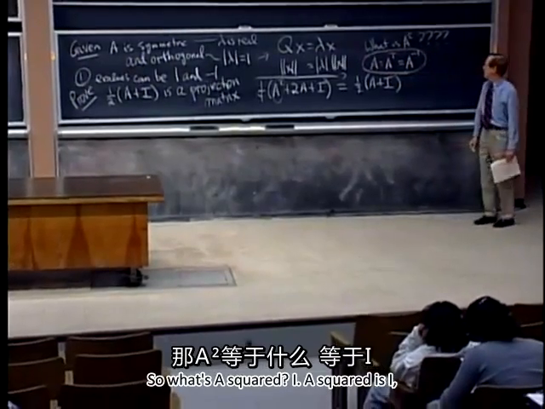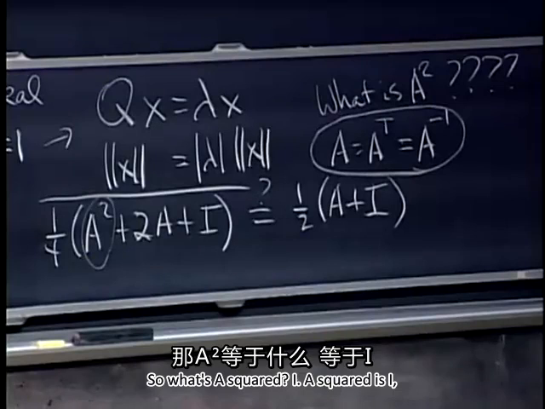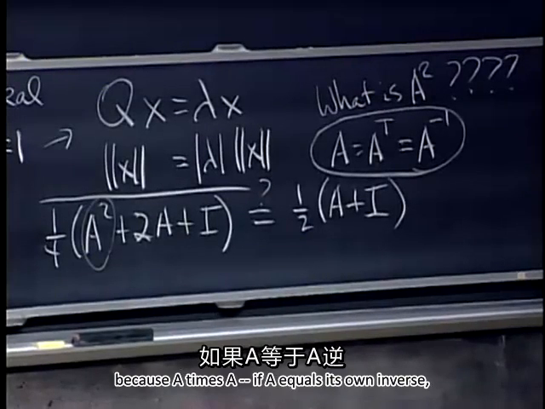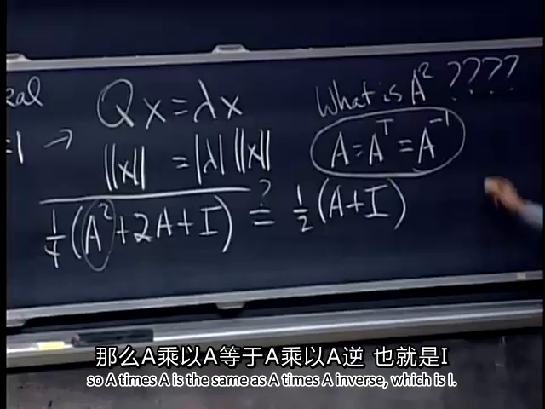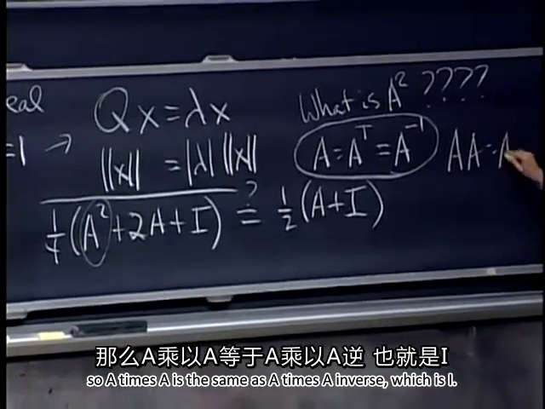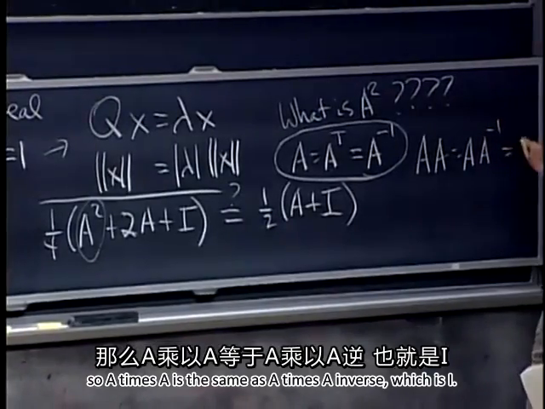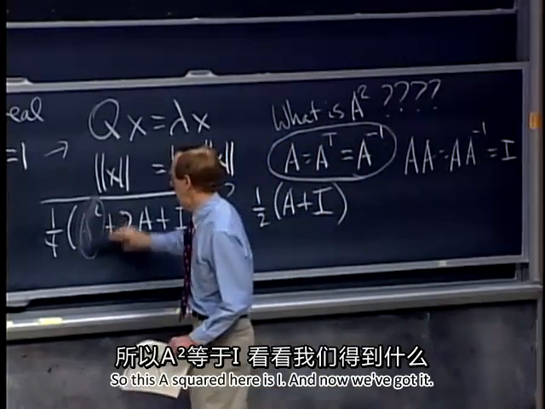So what's A squared? I. A squared is I. Because A times A, if A equals its own inverse, is the same as A times A inverse, which is I.